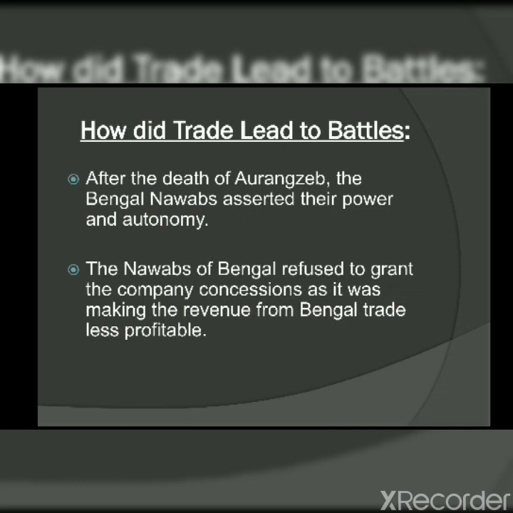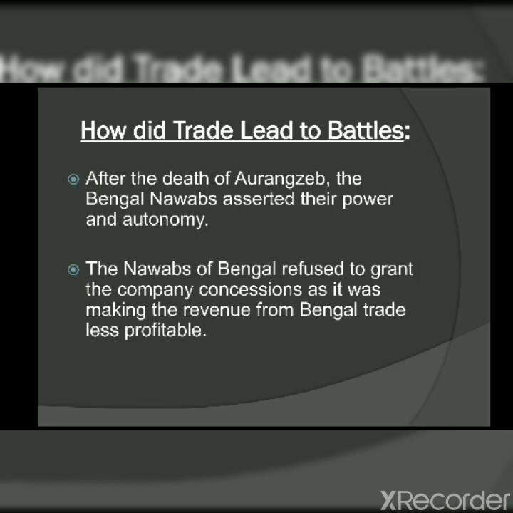Each one of them was a strong ruler. They refused to grant the company concessions, demanded large tributes for the company's right to trade, denied it any right to mint coins, and stopped it from extending its fortifications. So children, all of them were strong rulers. They did not give the East India Company any concessions, and they demanded large tributes.